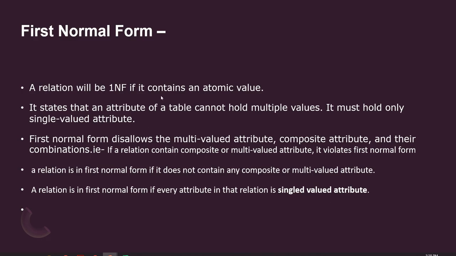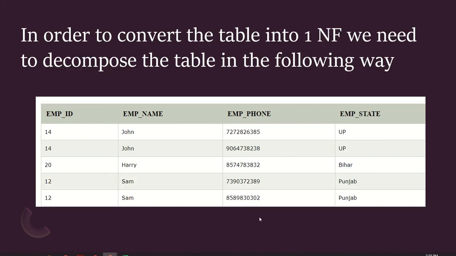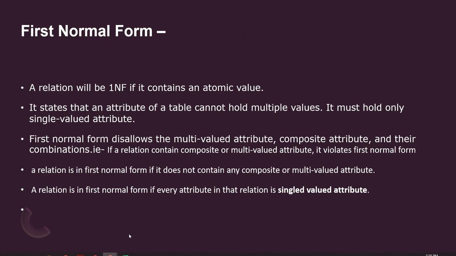So a relation is said to be in 1NF if it contains atomic values. That means the attribute of a table cannot hold multiple values. It can hold only a single valued attribute, as we said, only one value if you check each and every attribute.